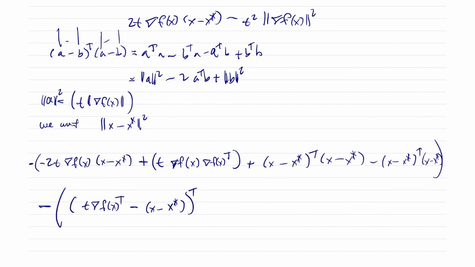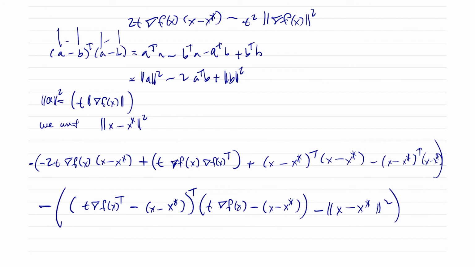And now this transposed against the same thing. Oops, not squared there. And then we finally have, using this piece, minus the norm of x minus x star squared.